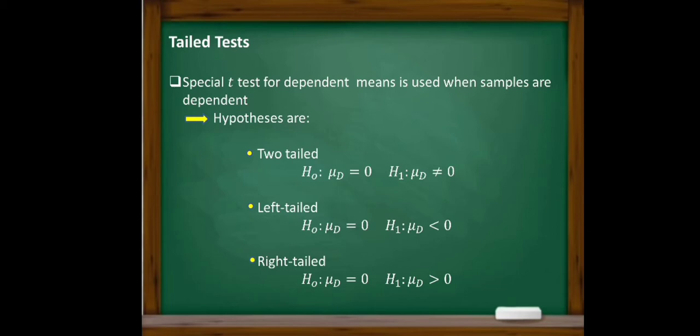If it is left-tailed, our alternative hypothesis is less than 0. If it is right-tailed, the only thing changed is the alternative hypothesis, which is greater than 0. As we observe, our null hypothesis is always a statement of equality.